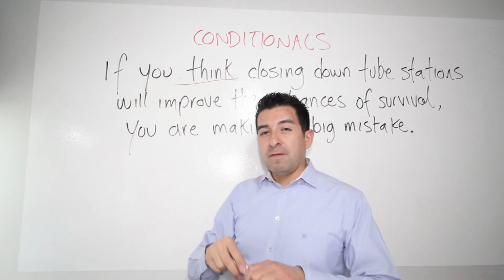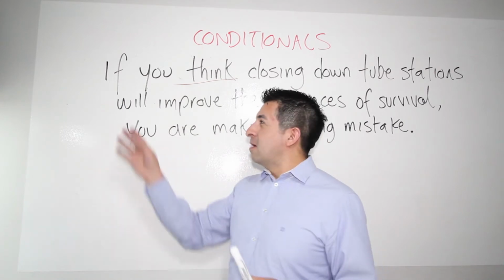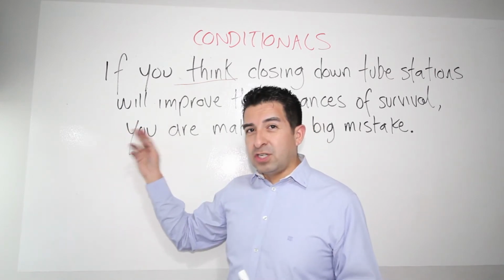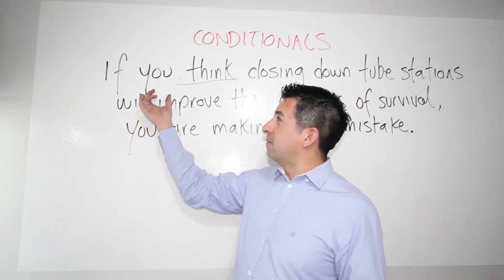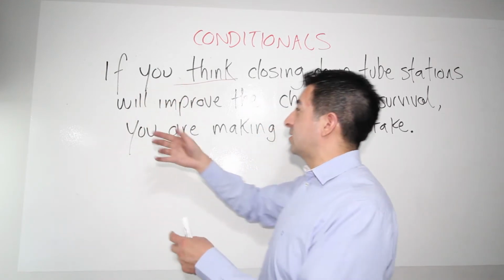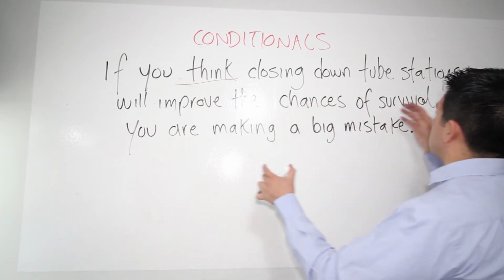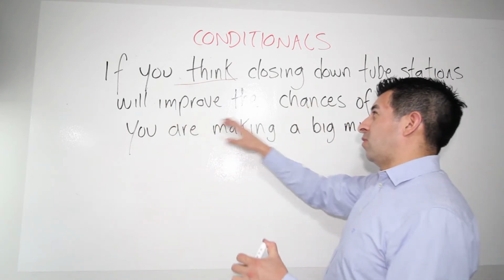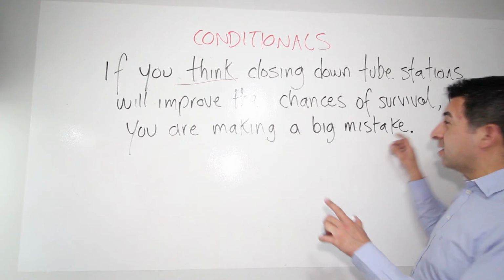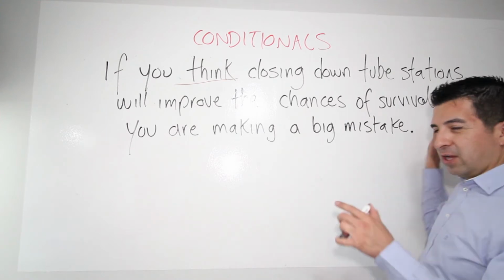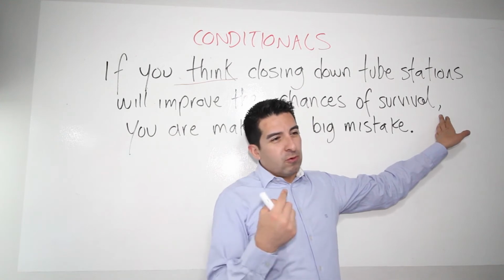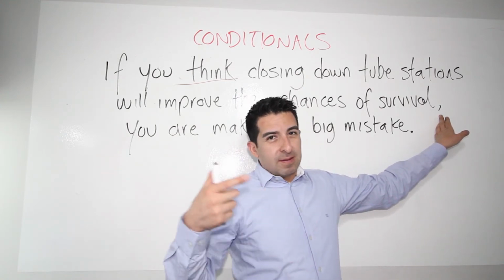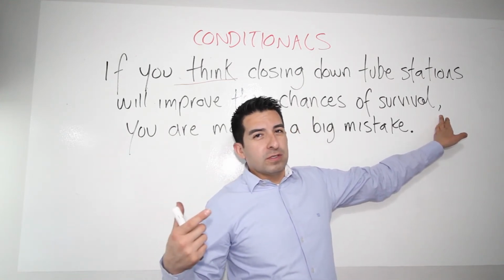Think. If you think, just present simple, this will is just part or a complement of the main idea, right? If you think closing down tube stations will improve the chances of survival, comma, okay, here with this comma, remember we know when the if clause ends.